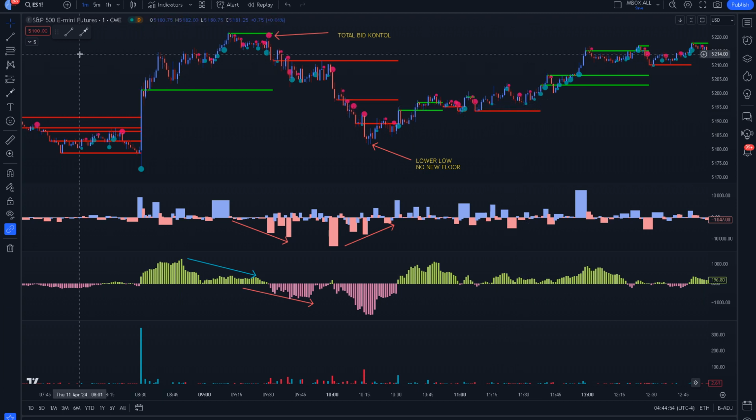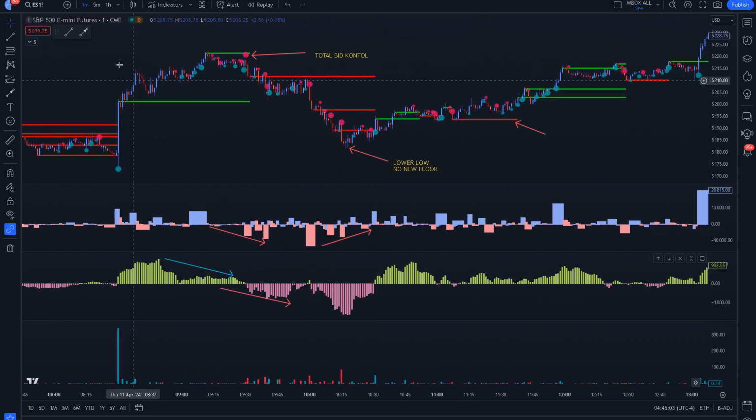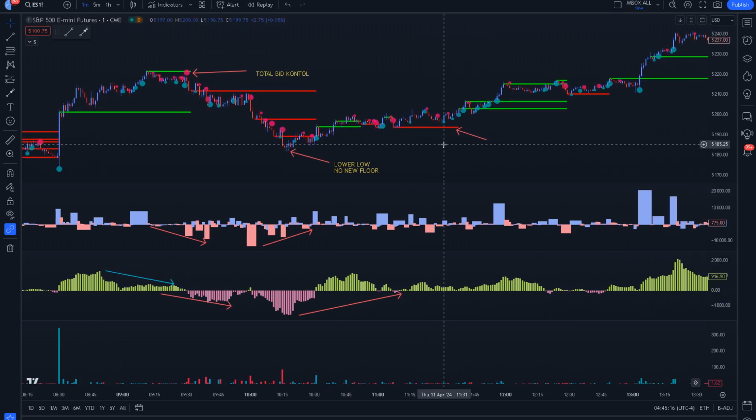Here we have a higher floor. At the higher floor, we see that there is just no selling in the cumulative delta. Also, selling is weaker than the buying in the histogram, but it's more obvious in the cumulative delta. And so this is a higher floor.